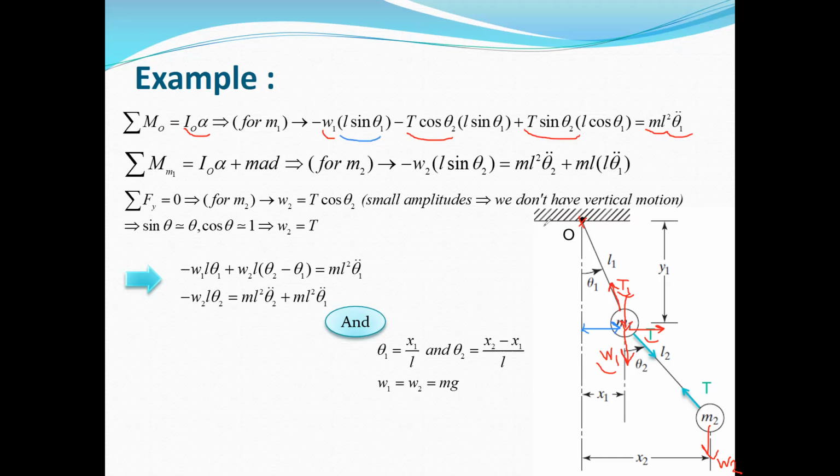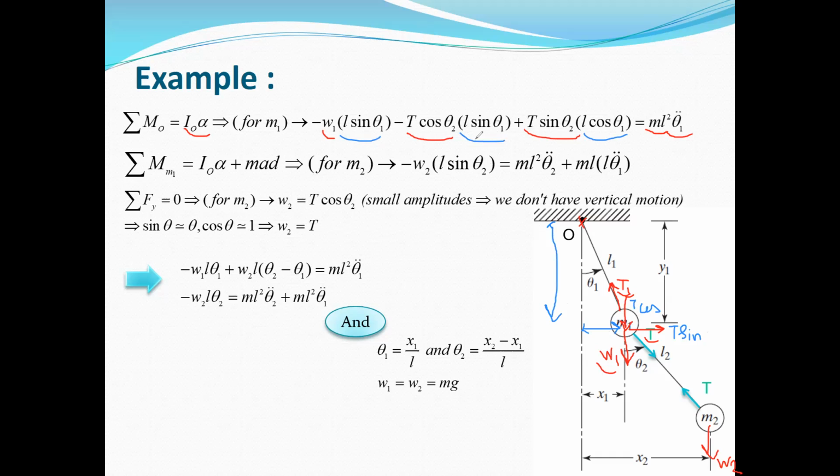For the horizontal component, T times sine theta 2, the arm is L1 times cosine theta 1. And finally, for the vertical component, T times cosine theta 2, the arm is the same as for W1, equal to L sine theta 1.